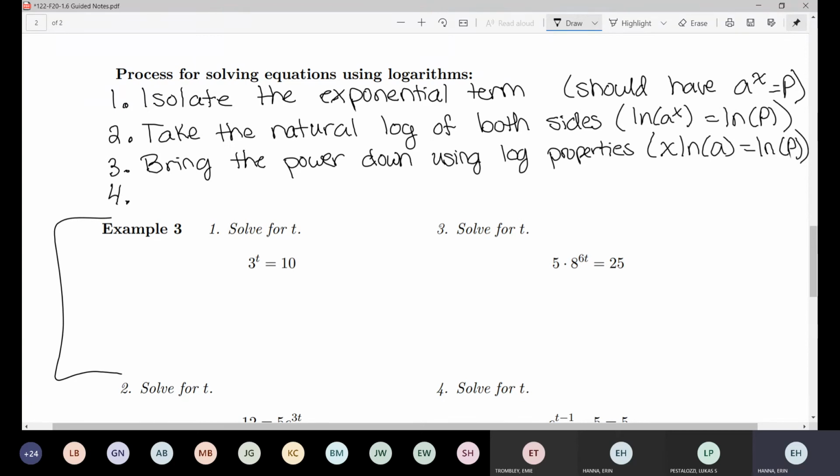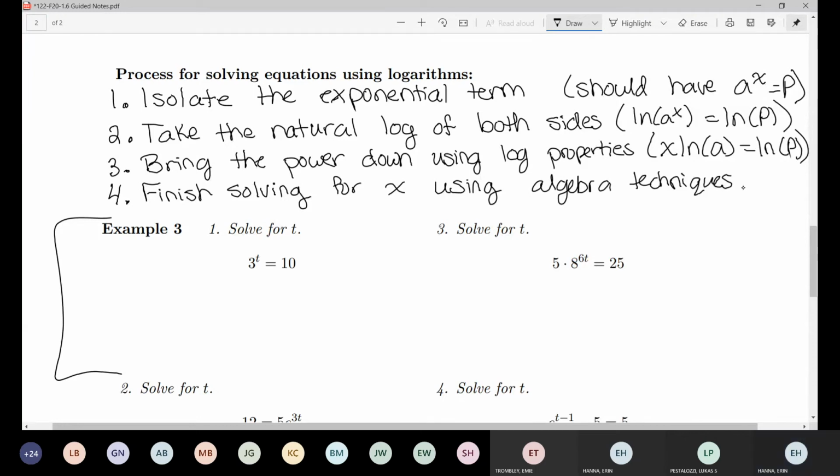And then the last thing is that you've essentially finished solving for x, or whatever variable you're working with, using algebra techniques. So in the above, we'd essentially just have to divide both sides by the natural log of a. And that's how these are going to work.